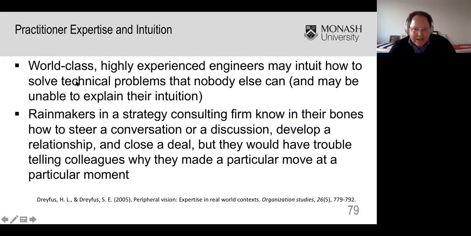He looked at world-class, highly experienced engineers, and this was about engineering companies, who intuit how to solve technical problems that nobody else can. Here the knowledge was in this tacit notion, and they may be unable to explain their intuition. So this is the notion of practitioner expertise and intuition.